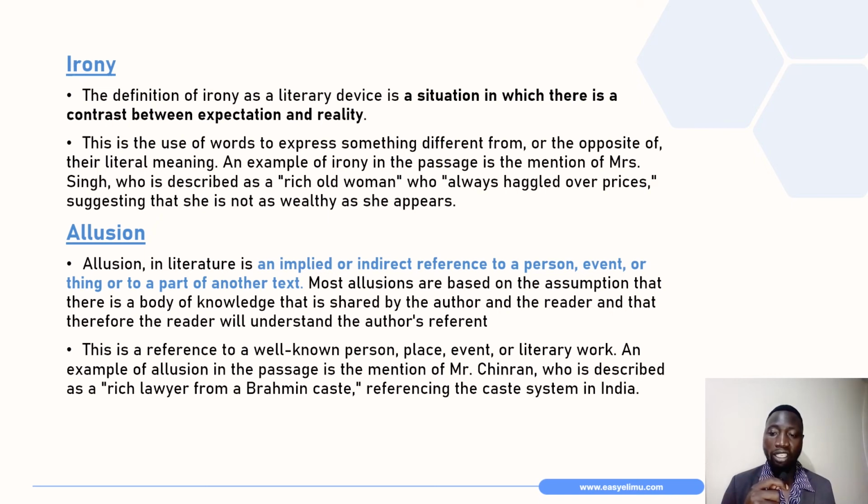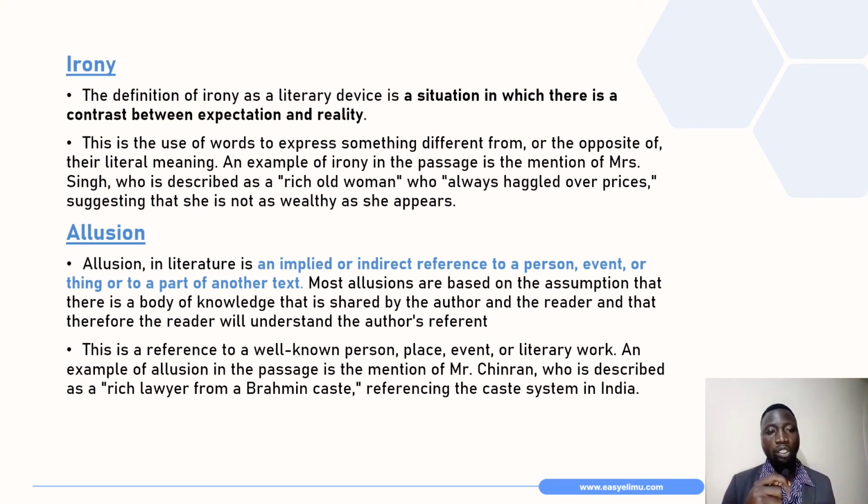Remember, we are told that she is a rich old woman, but when it comes to buying some items or herbs from Ninema, she haggles over prices, just like someone who is not rich enough.